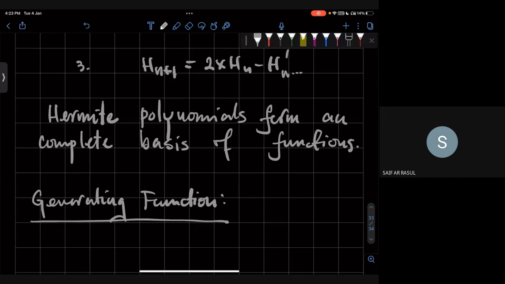This means that any one-dimensional function with some well-defined properties, like L2 integrable functions, can be expressed in terms of Hermite functions, as a linear combination.